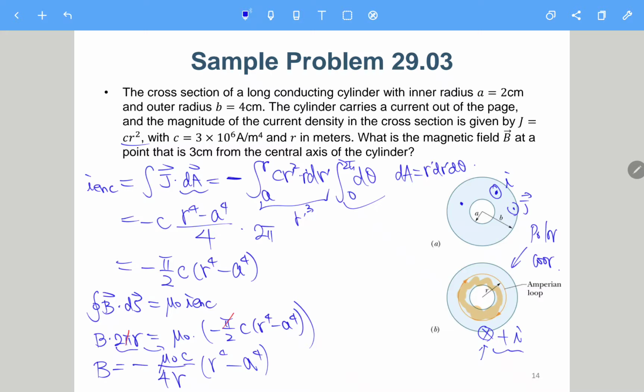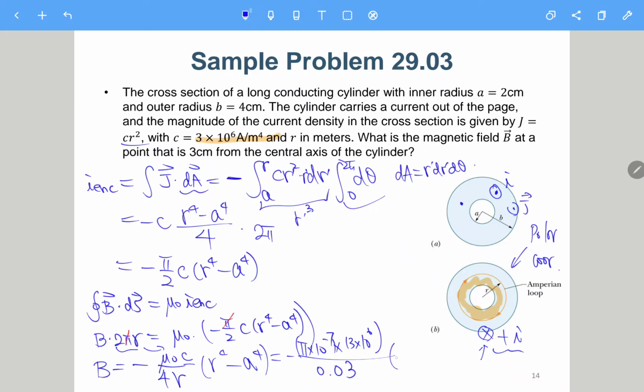Like this. So we can plug in the values. So mu 0 is 4 pi times 10 to the minus 7, so the 4 will be cancelled with this one. So we have pi times 10 to the minus 7, and then times c, which is this value, 3 times 10 to the 6th power, and then over r, which is 3 centimeter, so we have 0.03.